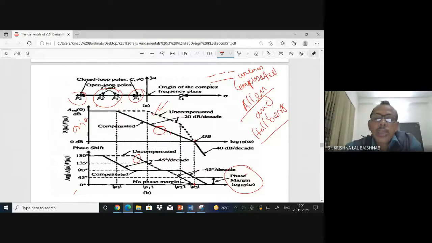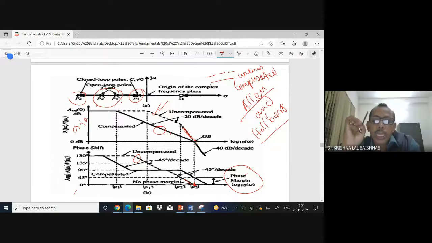Now you see, in the case of the uncompensated dotted line, when the gain is 0, this line is crossing the 0 dB line here, and where is your phase margin? Because the phase is also 0 over here, there is no phase margin. Phase margin 0 means there is a maximum overshoot.